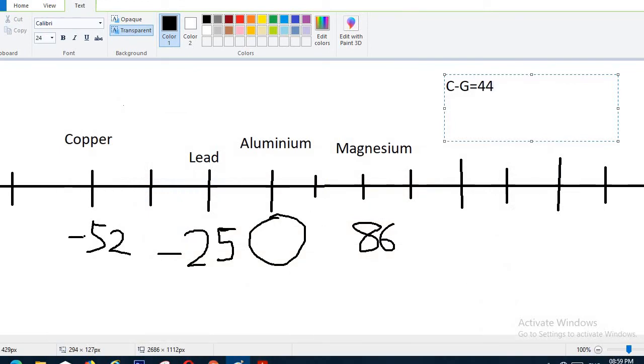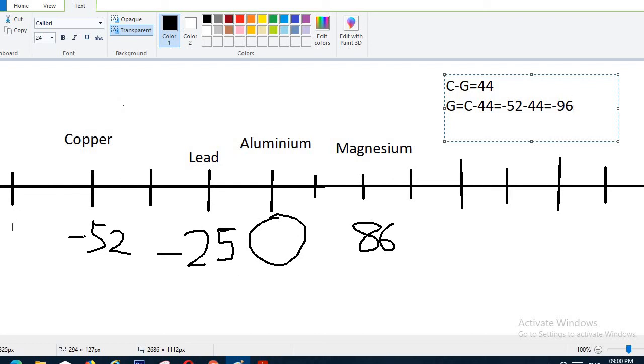Now we know about copper, we need to find out gold. So gold equals copper minus 44, and copper is minus 52 minus 44, so that is equal to minus 96.